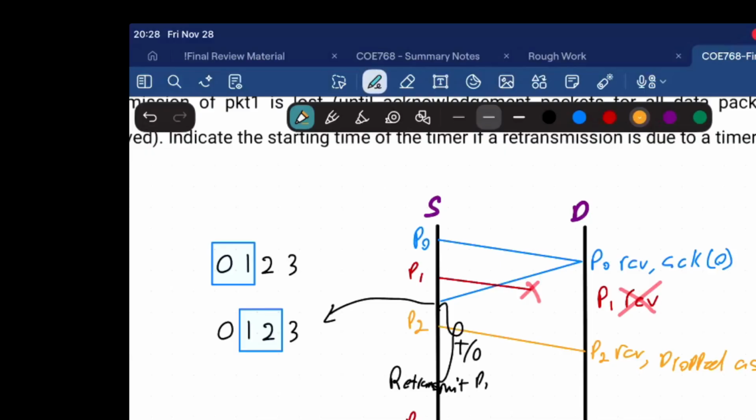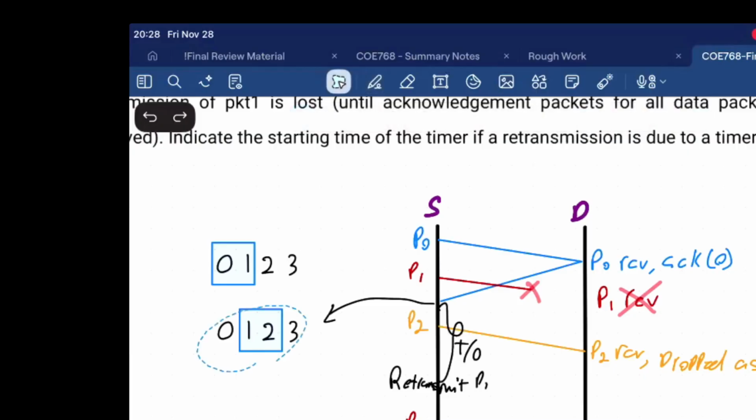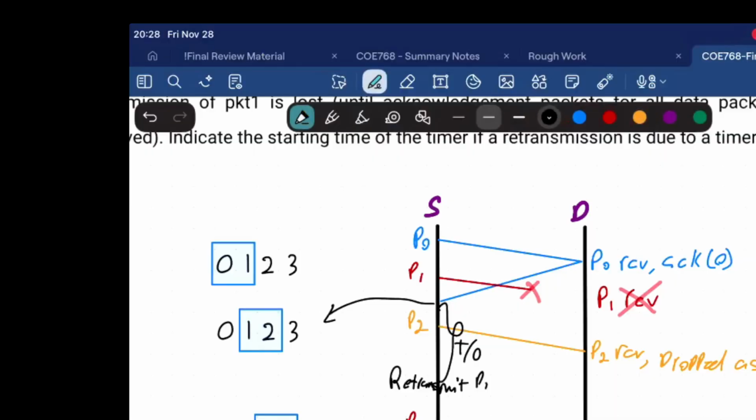And when we get the acknowledgement for 1 back, we can once again update this sliding window to push 1 out of the window. So we can start transmitting P3. From here, P3 can be transmitted as soon as P1 arrives.